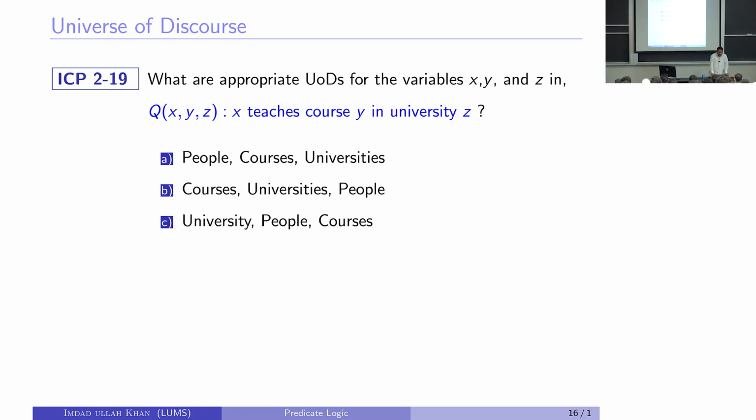Can I put the set of cats in the universe for x? Set of people makes more sense, right? For y, it should be the set of courses. For z, it should be the set of universities, the list of universities in Lahore or in Pakistan or in the world, depending on what you are talking about.